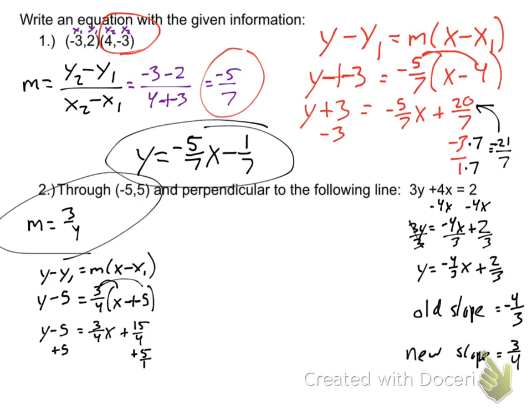Common denominator would end up being 4. And 5 times 4 is 20. So I'm going to add 20/4 to 15/4. 35. There we go. y equals 3/4 x plus 35 over 4. Done.